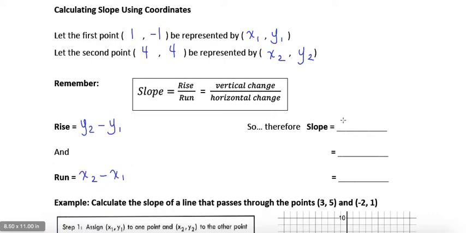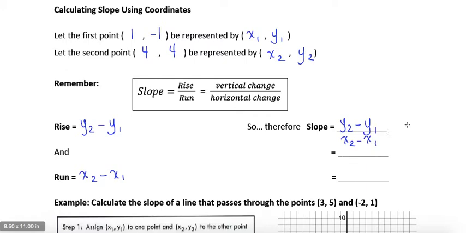So if the slope is the same as rise over run, which we have up here, we can rewrite that as y2 minus y1 over x2 minus x1.